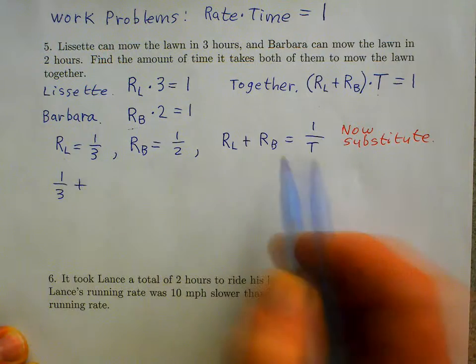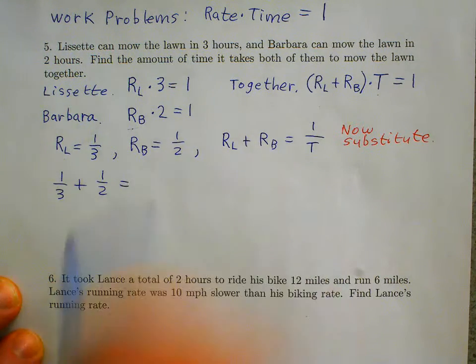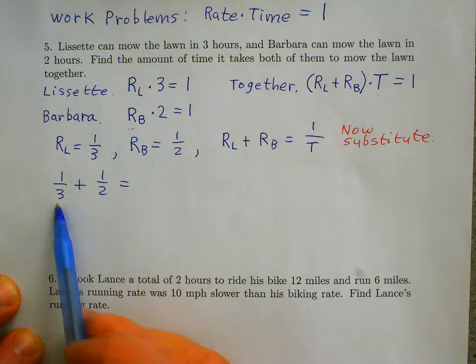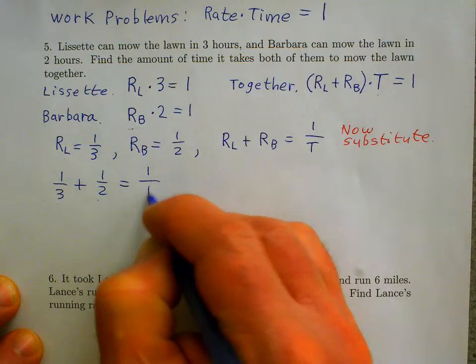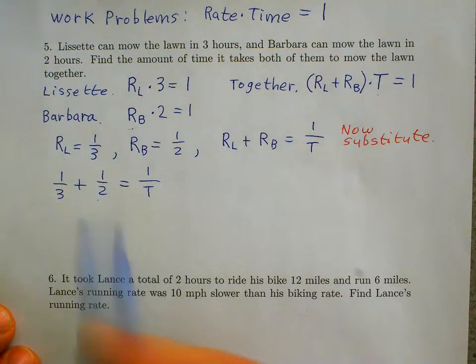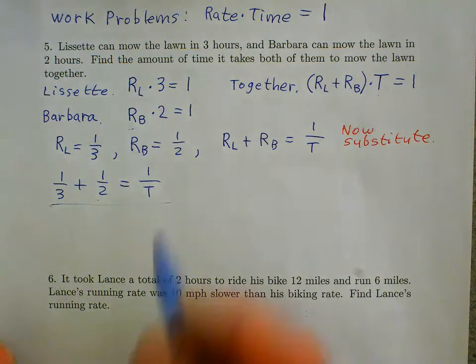We're adding that to Barbara's rate, which is 1/2. And Lizette's rate plus Barbara's rate is 1/T. So now we have an equation whose only variable is T. And we know how to solve this.